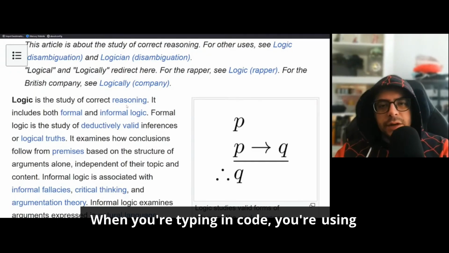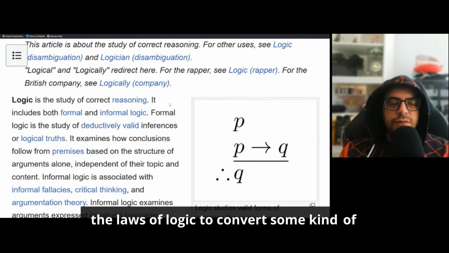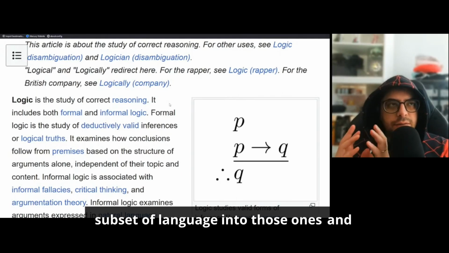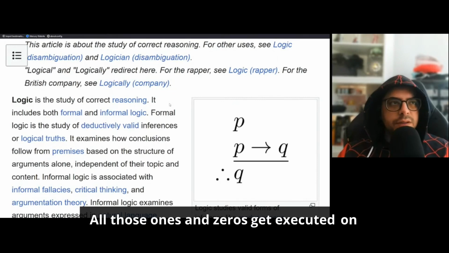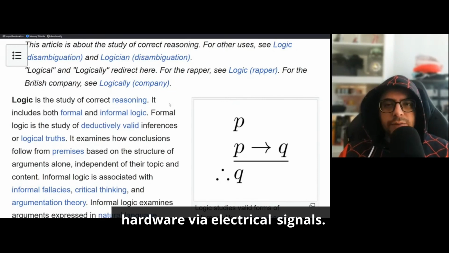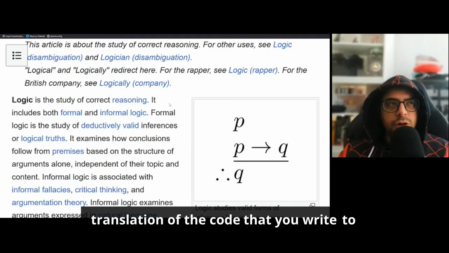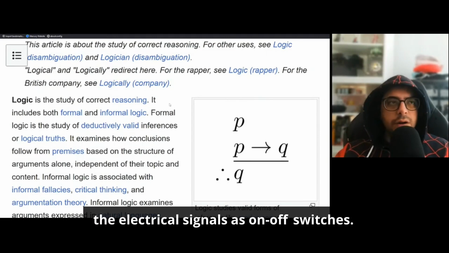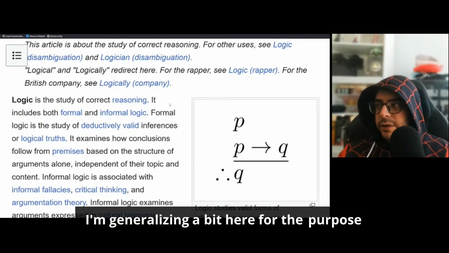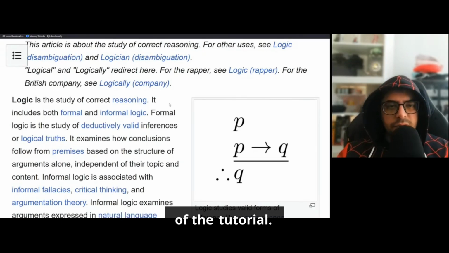When you're typing in code, you're using the laws of logic to convert some kind of subset of language into those ones and zeros. All those ones and zeros get executed on hardware via electrical signals. And so the ones and zeros represent the translation of the code that you write to the electrical signals as on-off switches. I'm generalizing a bit here for the purpose of the tutorial.